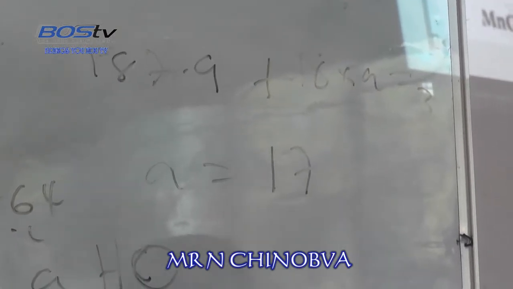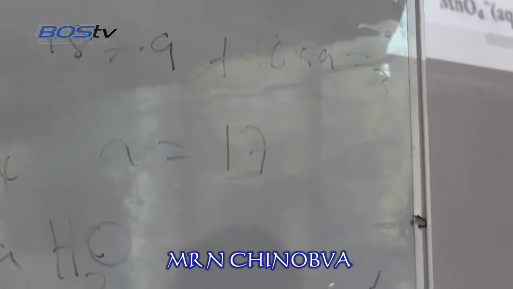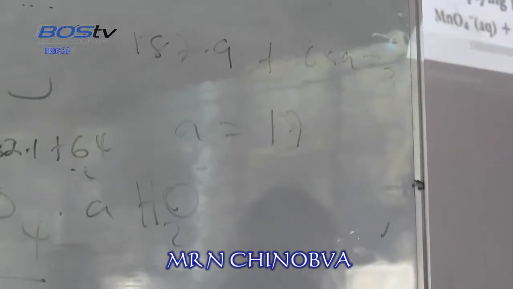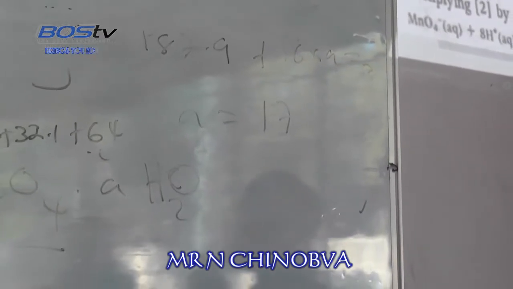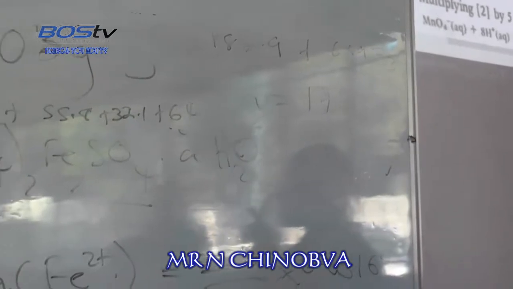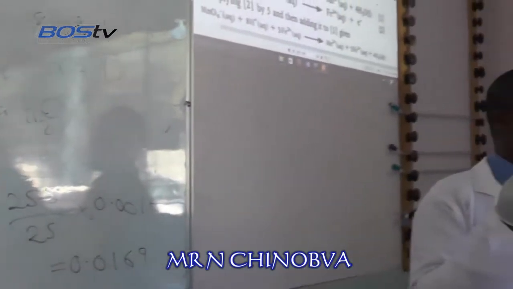But there's somewhere where we made a mistake in the calculation. That value A should be 12. Okay, but do you understand the principle that we used? Yes. So that's the practical that you are going to do.